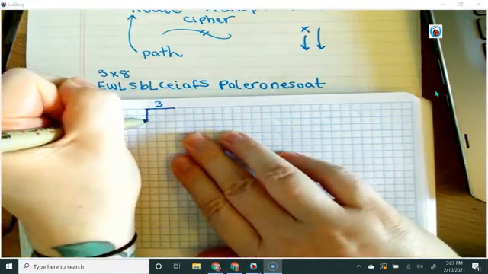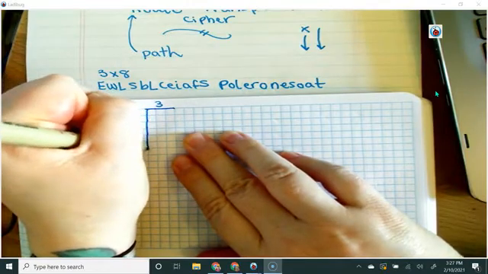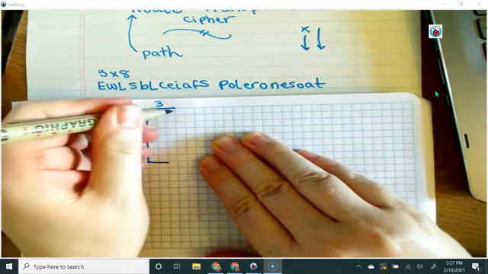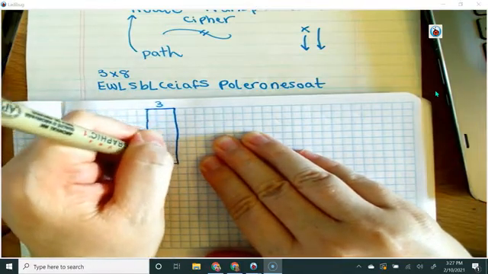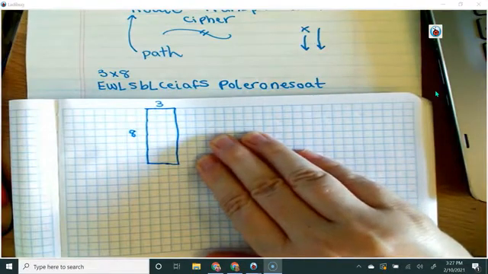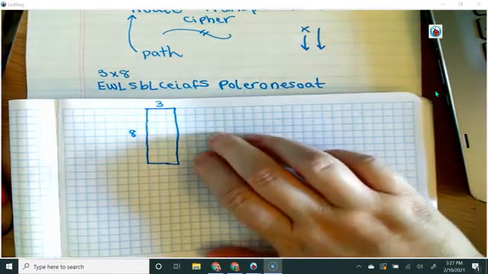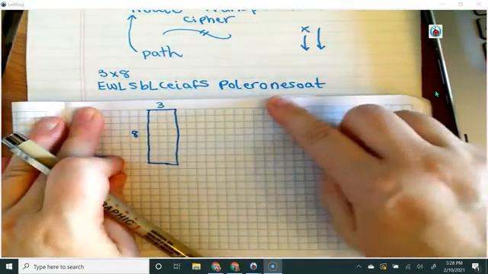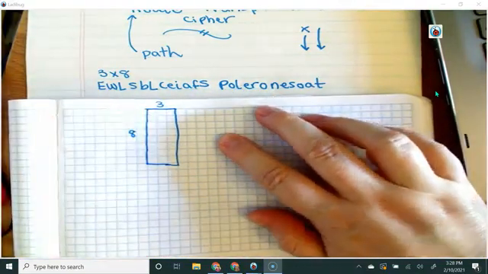So 1, 2, 3, 4, 5, 6, 7, 8. And as you start to think about this space, thinking about our math, we know that in this secret code there are going to be 24 letters. And if we counted each one, it would be exactly 24.